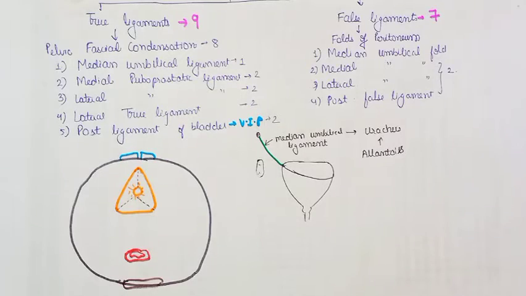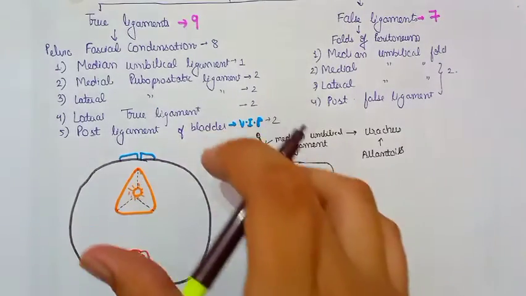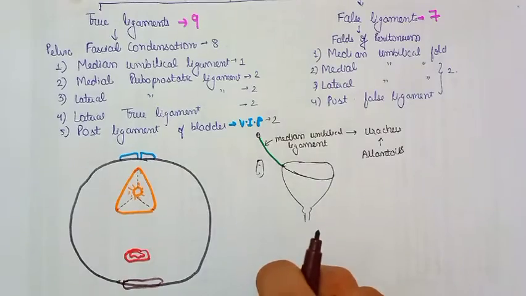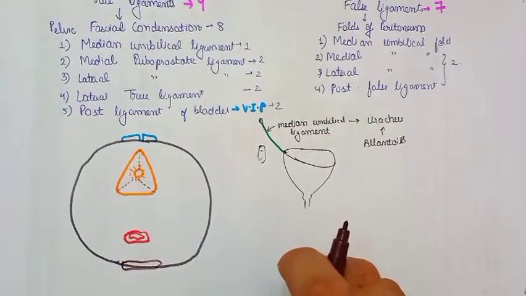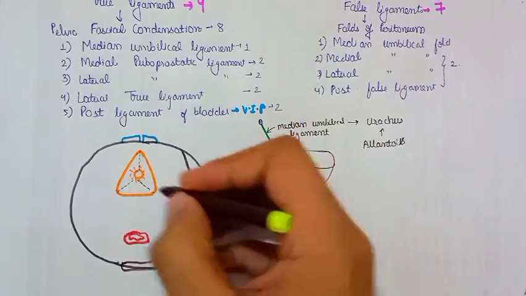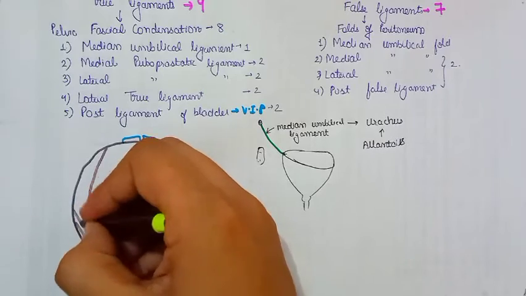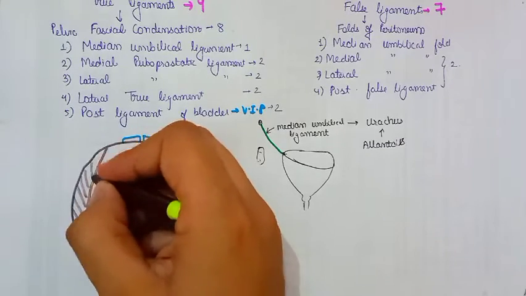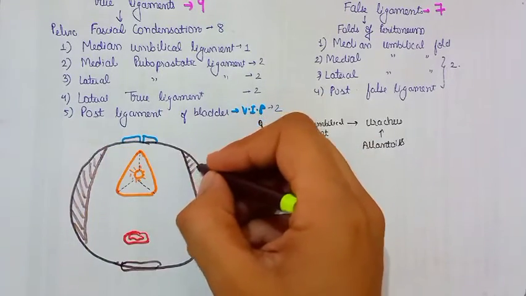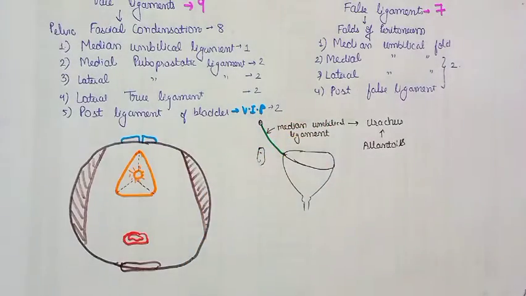Before discussing the medial and the lateral umbilical folds, let's add some more detail to the diagram. Along the side there is a muscle present which is called the obturator internus muscle, which forms the lateral wall of the pelvic cavity, or the lateral pelvic wall.